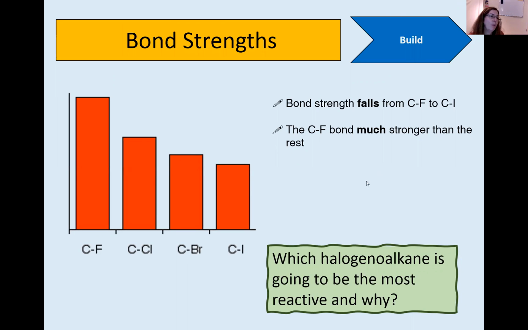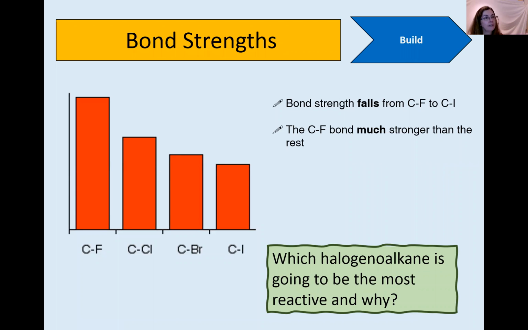Okay, so I want you to pause the video and consider this graph that shows the bond strengths between carbon and the different halogens. As you can see, the bond strength falls from carbon fluorine to carbon iodine.